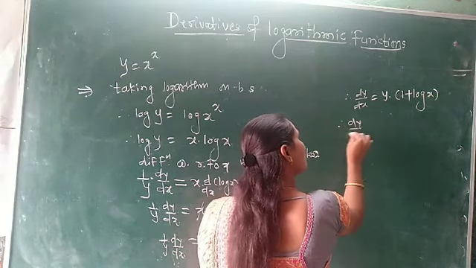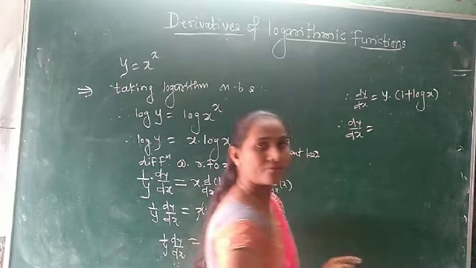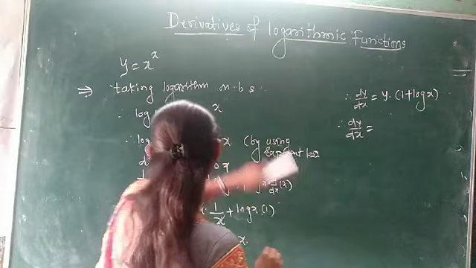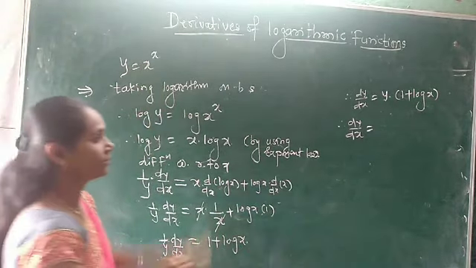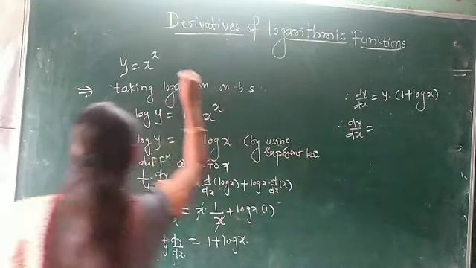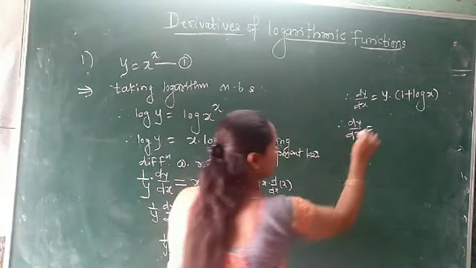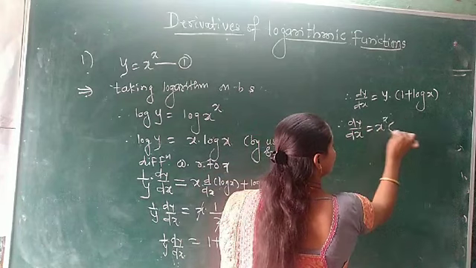Now what is the value of y? The whole answer should be in the form of only x. So put the value of y. What is y? x raised to x. So consider equation number 1. From 1, the value of y is x raised to x.